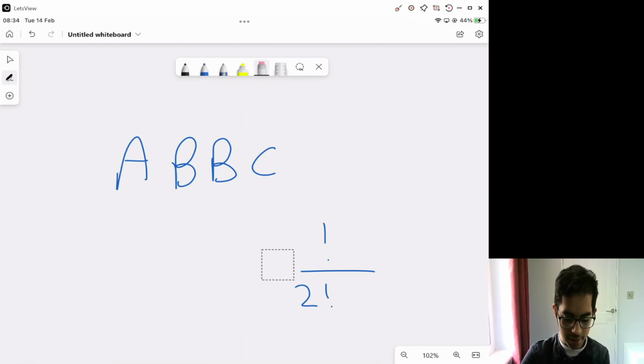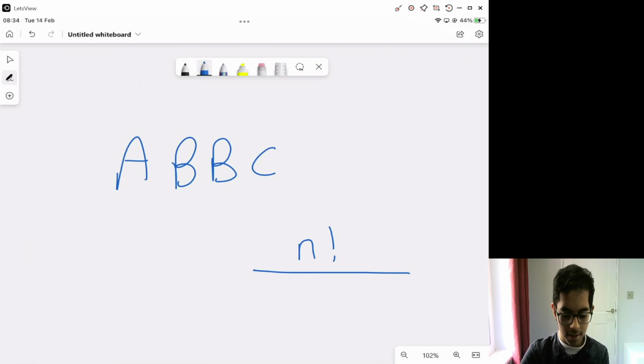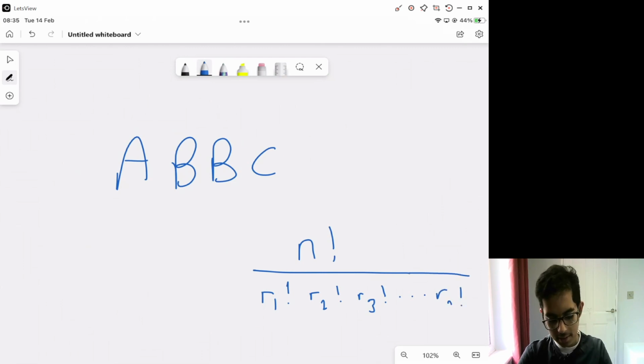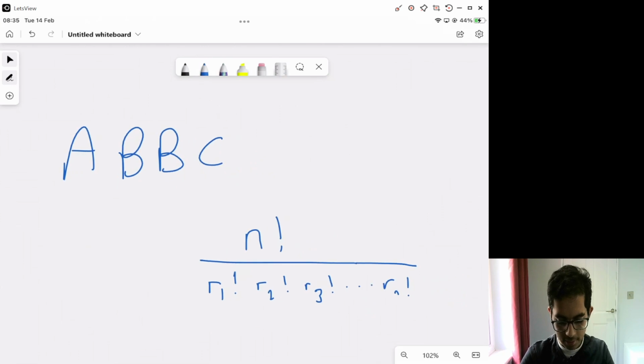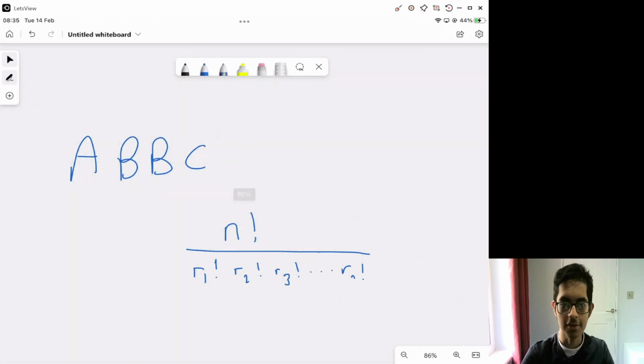Now, if we were to generalize this formula, we will basically have n factorial, where n is the number of letters, divided by r1 factorial, r2 factorial, r3 factorial, all the way till rn factorial. Now, this might look like we're completely overcomplicating it, but let me assure you we're not.